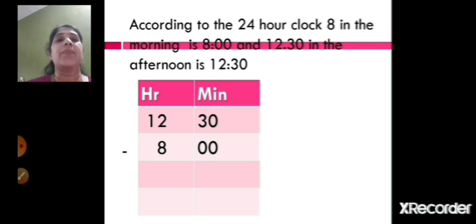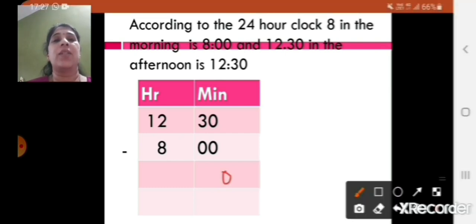Then 8: we have written 8 in hours and 00 in minutes. Now we are going to do the subtraction. 0 minus 0 is 0 and 3 minus 0 is 3. 12 minus 8 is 4. So you got how much? 4 hours 30 minutes, right?